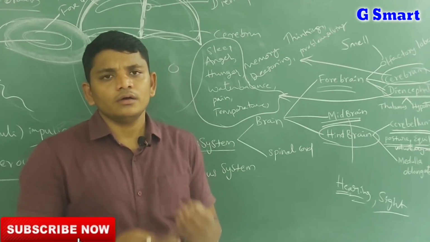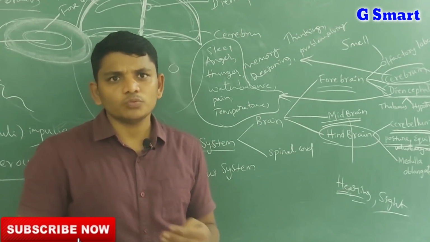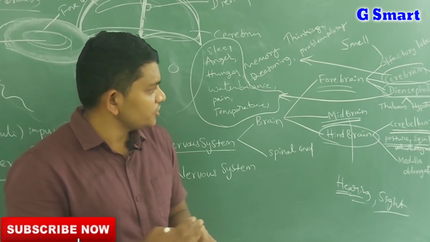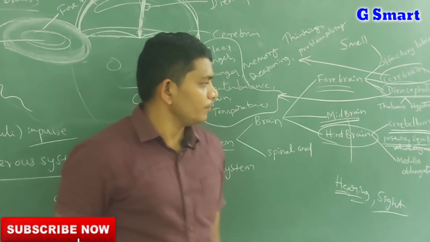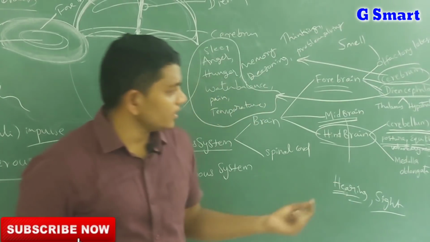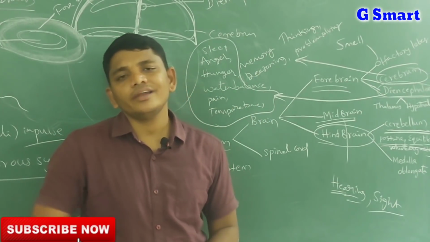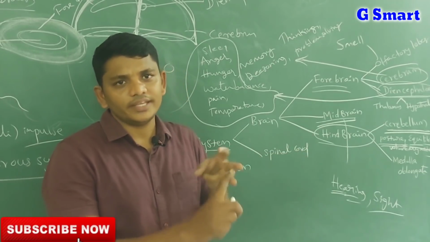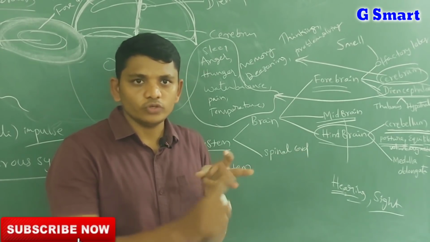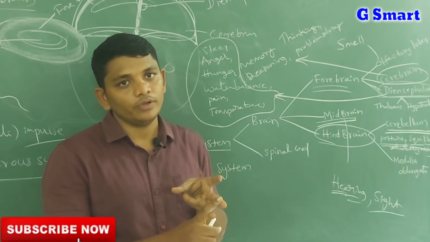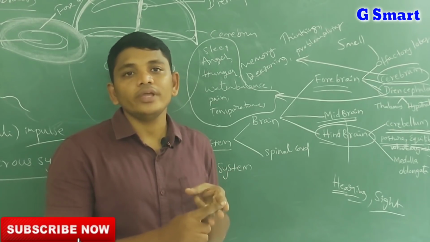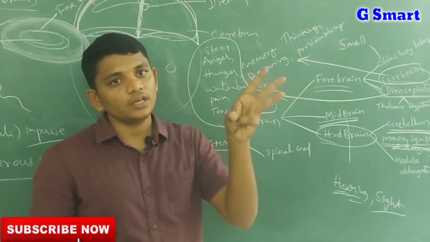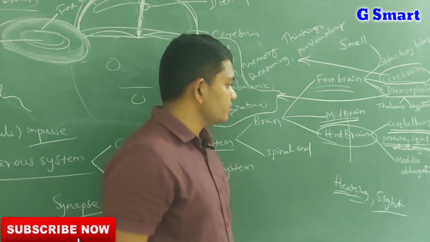So all voluntary actions, motor actions initiated by the cerebrum will be done here. So the cerebellum does three things. It gives us posture and equilibrium, and third, it does voluntary actions initiated by the cerebrum.